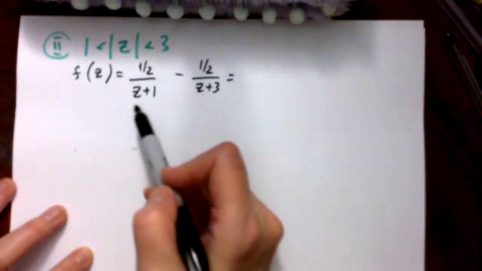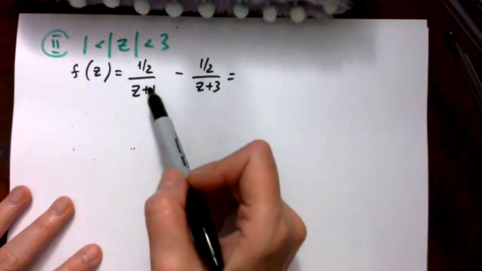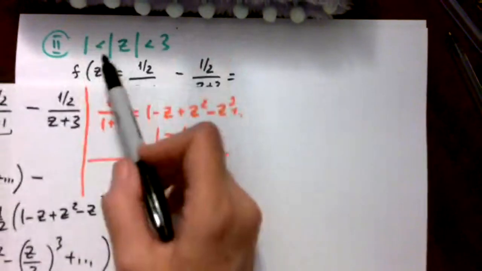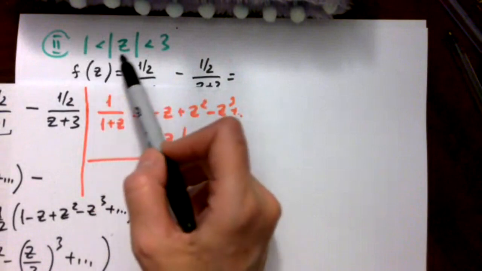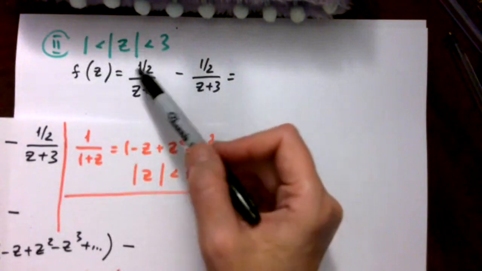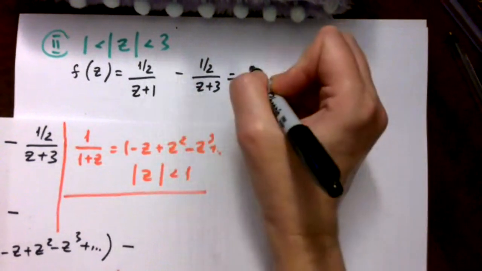Look at this. For the first term, we are not allowed to use this standard canonical expansion anymore, because we are in the region where absolute value of z is bigger than 1. That is why we definitely need to do something to the first term, namely we need to pull out z.